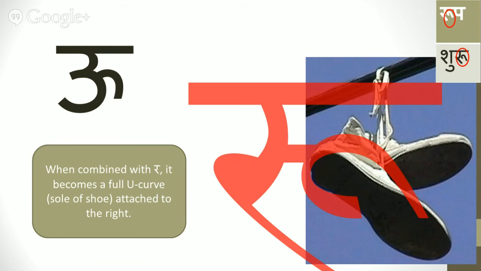So now it becomes the same curve to the right, still the heel and the toe and everything, but this time it's hanging off the top line. It doesn't touch underneath. It's not on the ground. And so this is how you say ru, ru, ru. Very good.